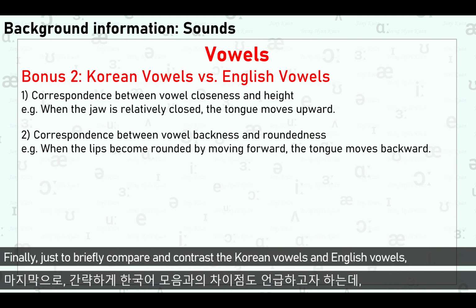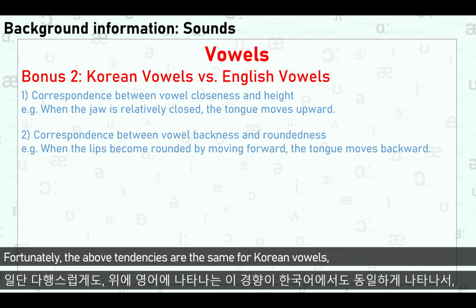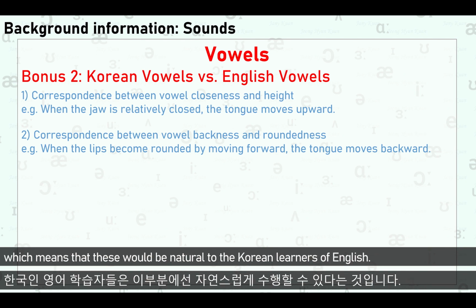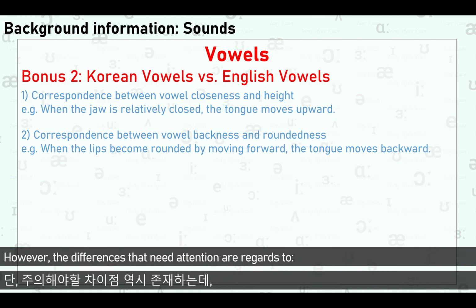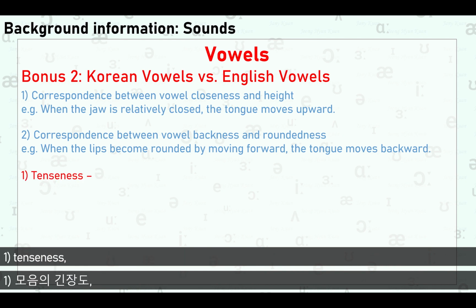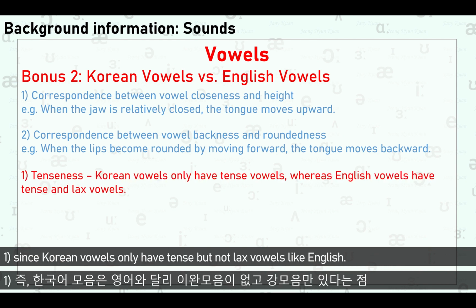Finally, just to briefly compare and contrast the Korean vowels and English vowels. Fortunately, the vowel tendencies are the same for Korean vowels, which means that these would be natural to the Korean learners of English. However, the differences that need attention are in regards to tenseness, since Korean vowels only have tense but not lax vowels like English.